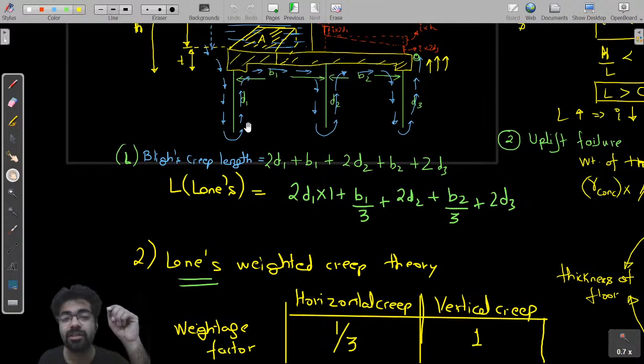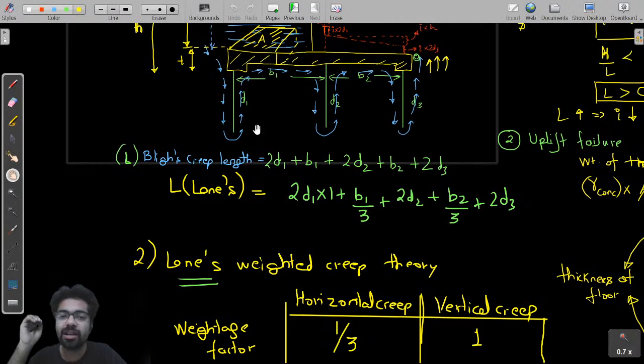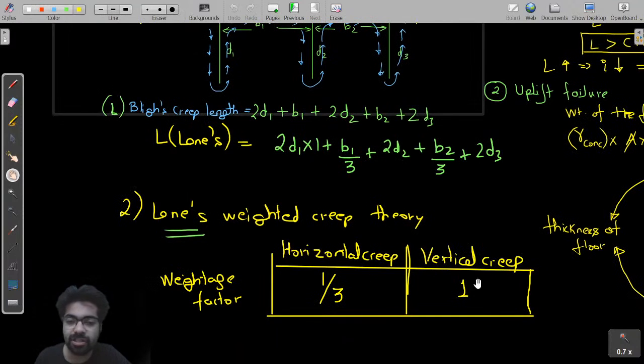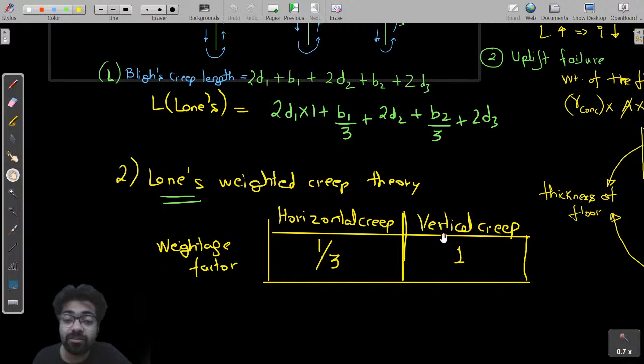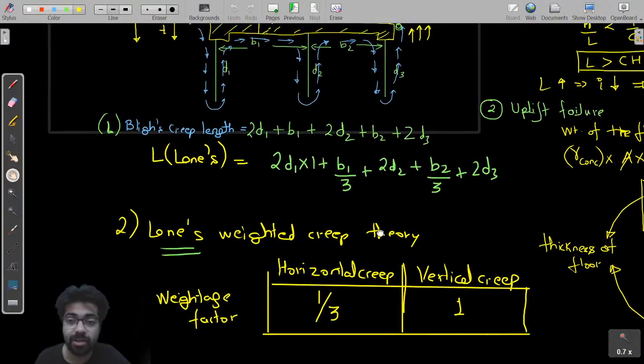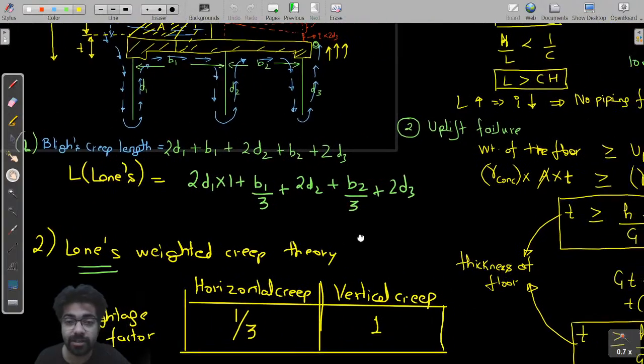Vertical creep is more effective in reducing the hydraulic head of the water, in the ratio of 1:3. This one-liner objective can be asked in ESE or anywhere. It is nothing but that vertical creep reduces three times the head as that of horizontal creep. You should remember it, and there should be no confusion regarding it.